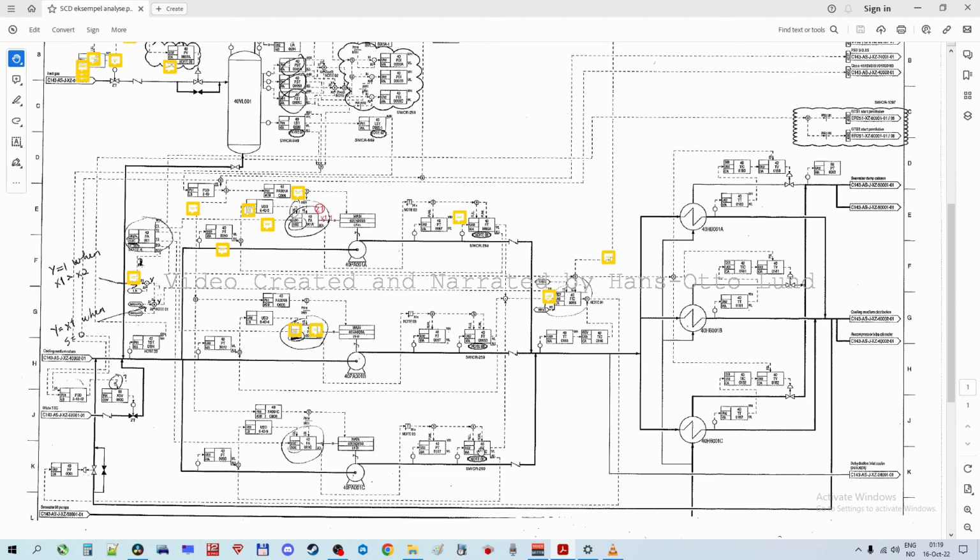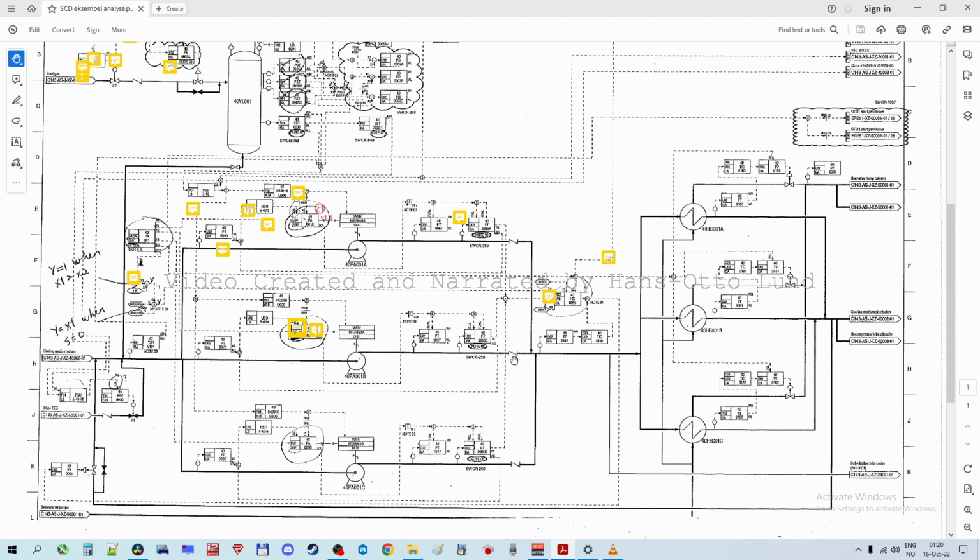And if it gets too low, it will shut down the electrical part of this pump, so it will stop. That's the basic principle of these transmitters here. You have the same arrangement on all the pumps to detect problems around the pump.